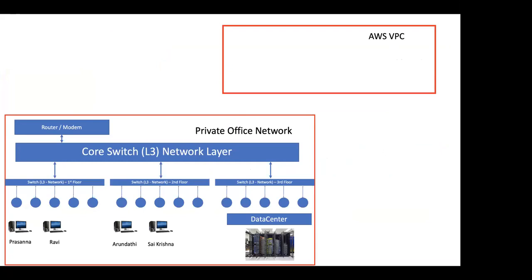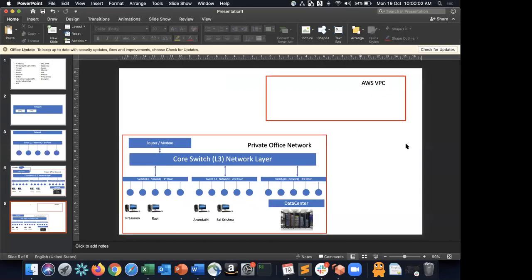In this case, probably Ravi needs an Oracle Linux instance with 8 CPUs, 16 GB of memory, and probably an additional 100 GB storage disk. He'll simply go to his VPC and provision that, and it will be accessible from his private office network. How it will be accessible is something that we will see.